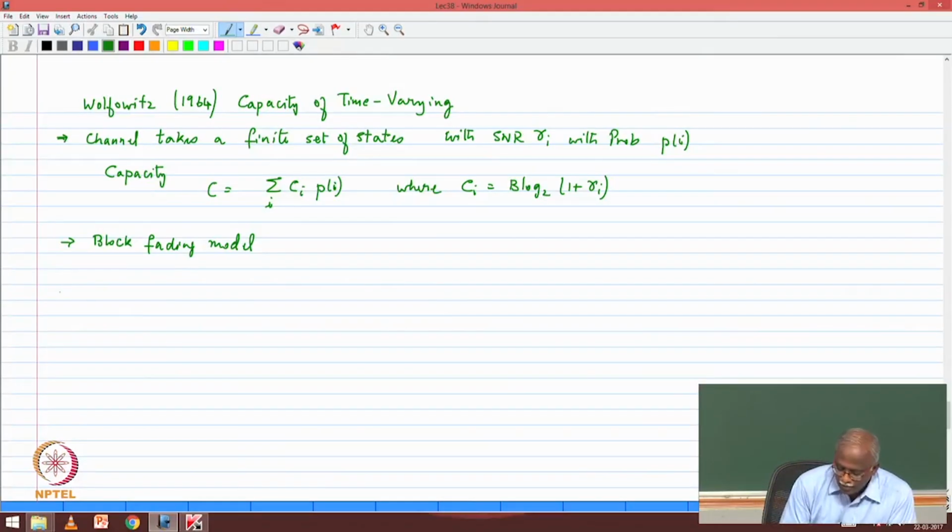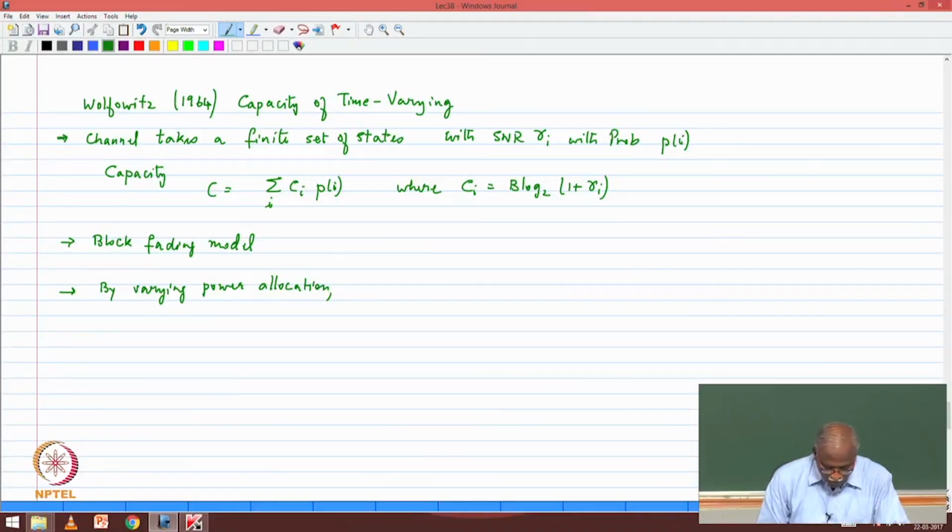So basically by varying the power allocation, you can impact the SNR. You can change the effective SNR because that's going to come into play.